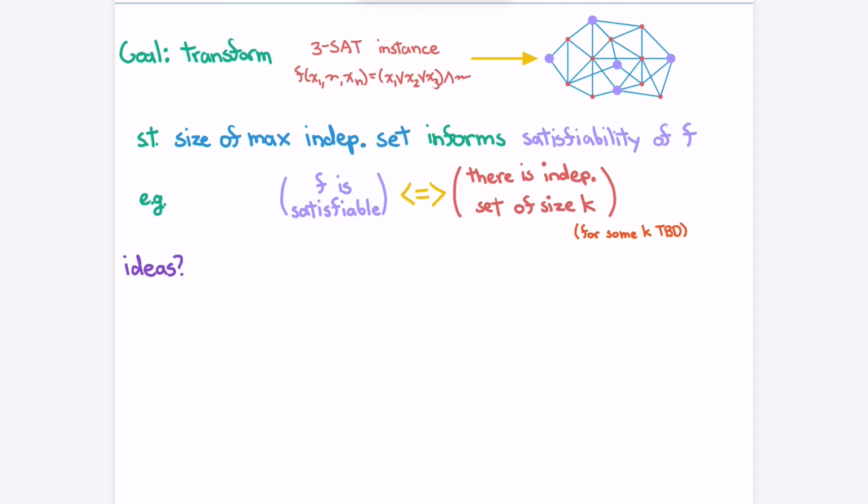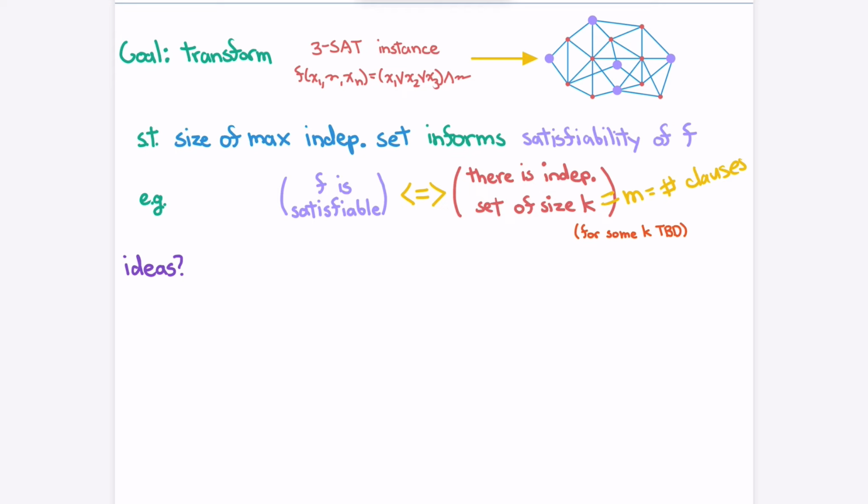Okay, so maybe a reasonable candidate for k. I'll use m for the number of clauses. So somehow you should be able to take one variable per clause or something like this. That's also possible.